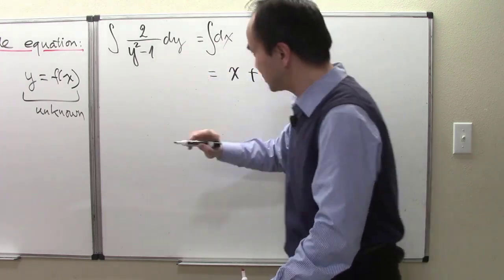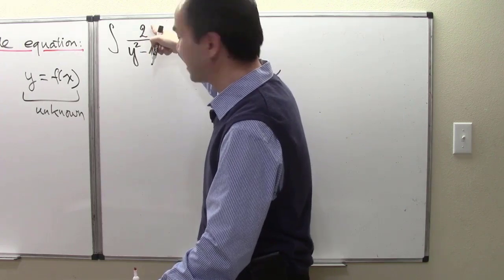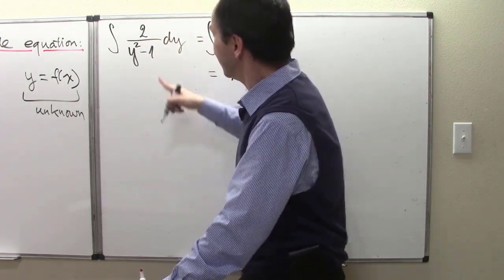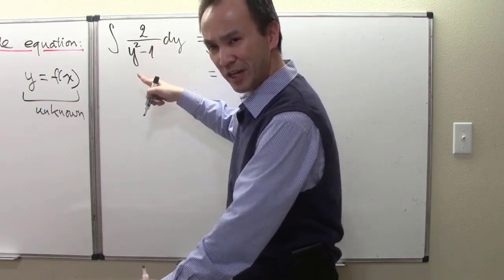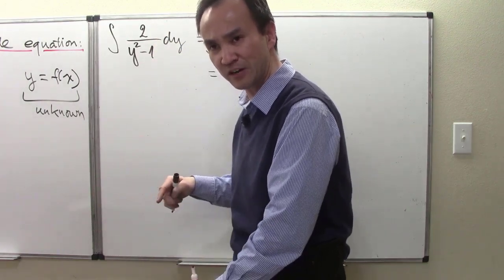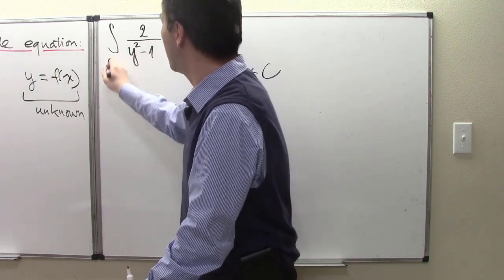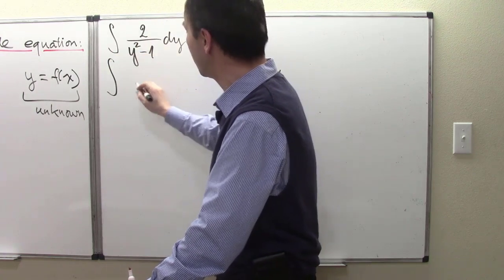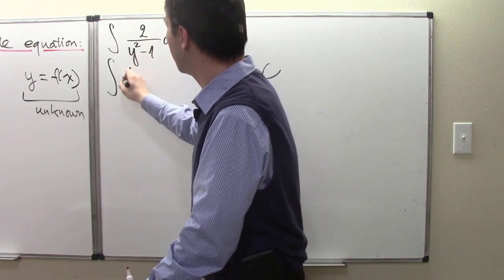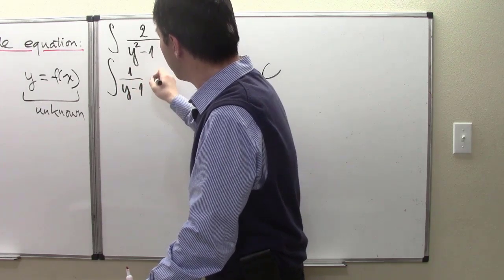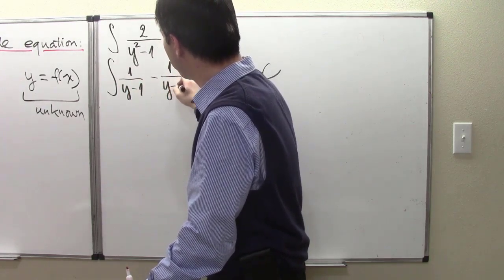The left hand side here is an integral where we have rational terms, and for this rational term right here, we can use partial fraction decomposition skills that we've learned and mastered throughout our Calc 2 class. Partial fraction decomposition. We'll break this 2 over y squared minus 1 into a 1 over y minus 1 minus a 1 over y plus 1.